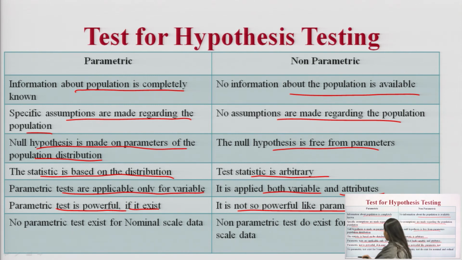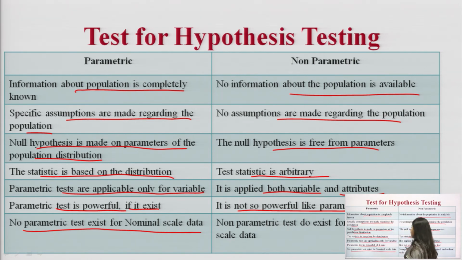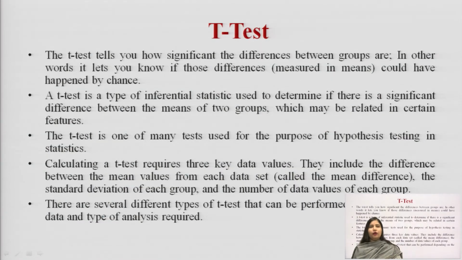And no parametric test is available if we are using nominal scale data, but non-parametric tests do exist for nominal and ordinal types of data. So in the non-parametric test you can also evaluate nominal and ordinal data, but in the parametric test we are not able to evaluate nominal data.